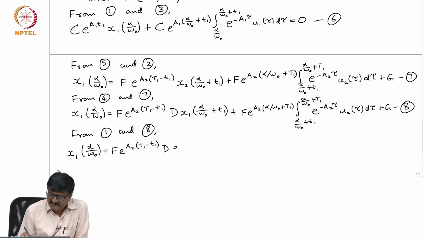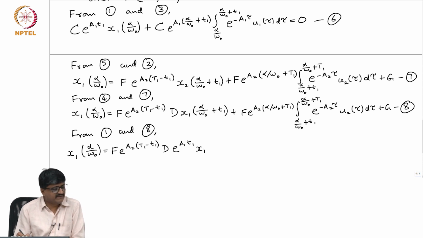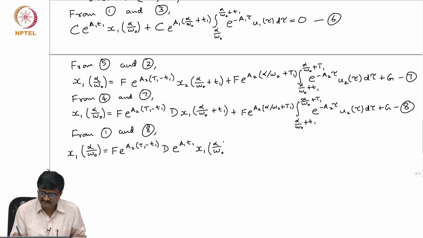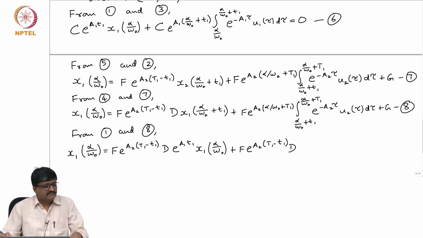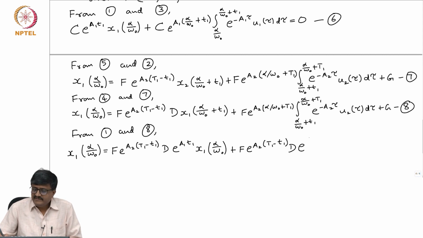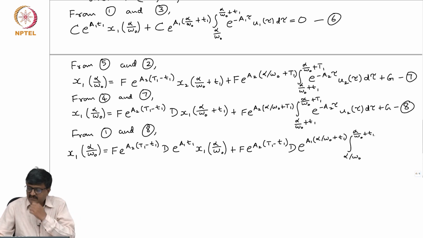So, what I get is exponential A1 t1 into x1 at alpha by omega o, that is the first term, plus F exponential A2 into T1 minus t1, D, and the second term is exponential A1 into alpha by omega o plus t1 into integral alpha by omega o to alpha by omega o plus t1 exponential minus A1 tau U1 of tau d tau.